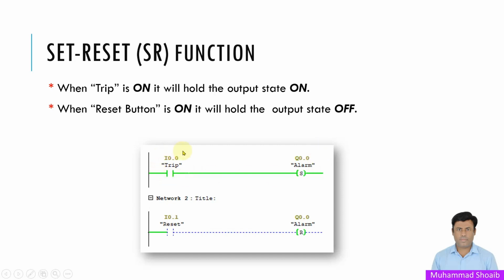Once it's triggered from the field, it will set and hold the state. Even if it's removed from the field, Q0.0 will continue to stay on until we press the reset button, which is a separate input, I0.1. Once we press the reset button, it will reset and become 0.